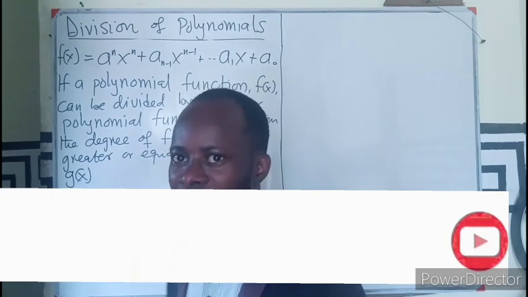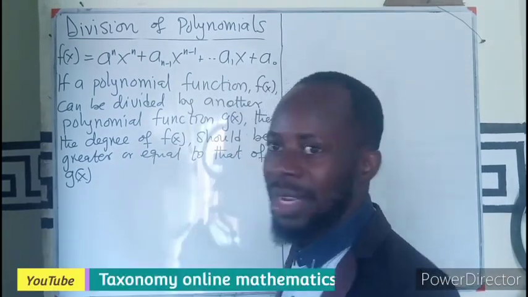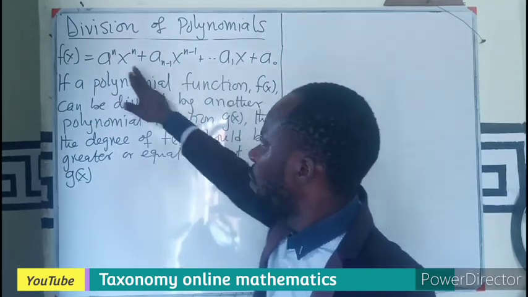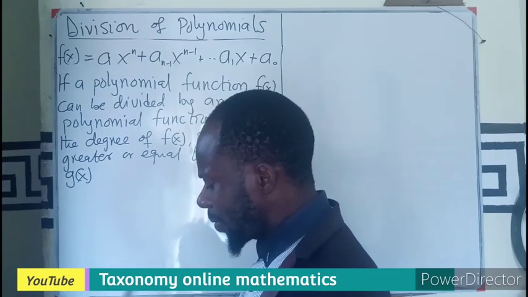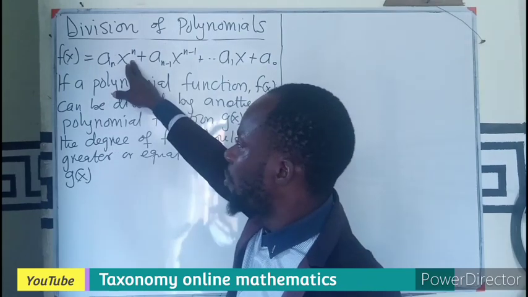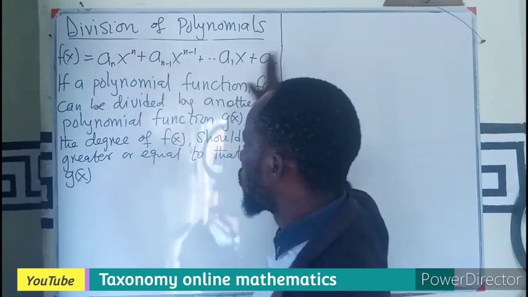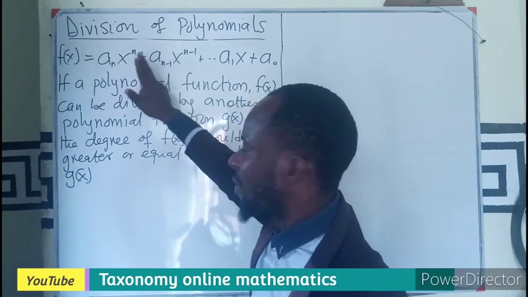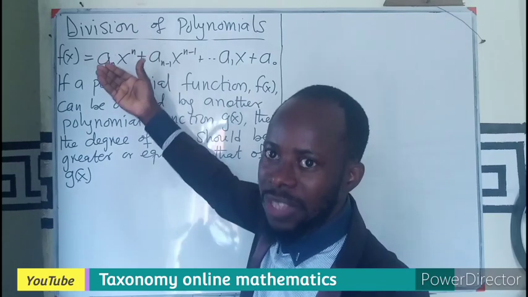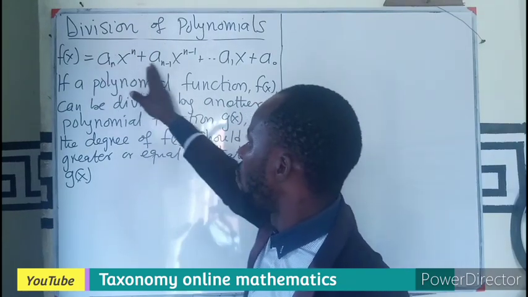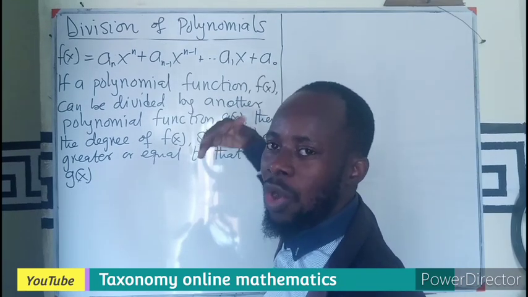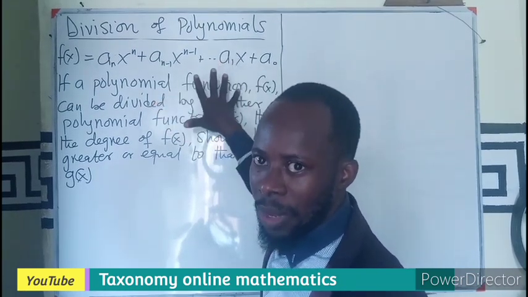From the beginning of our series, we defined a polynomial to be any function of this form, whereby the powers of x, that is the variable, keep on decreasing from the right to the left, where the a subscript n minus 1, 1 and 0 are all constants, or in this case coefficients of the variable x, where the last one is the constant of this polynomial.